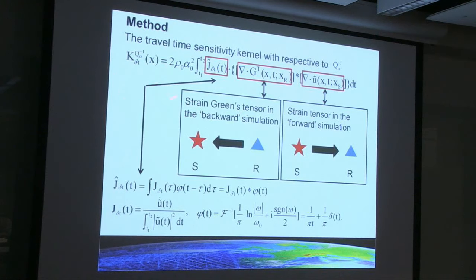So the kernel at each grid point in the media will be the convolution of these two strain Green's tensors. Of course, the Hilbert transform is involved, where the hat is the Hilbert transform of the velocity.